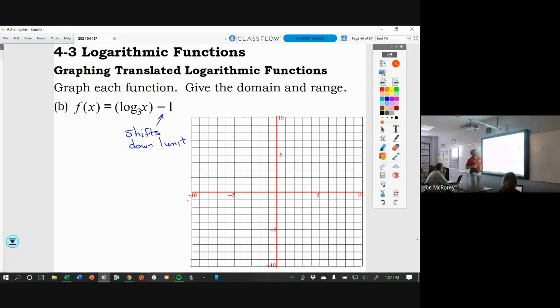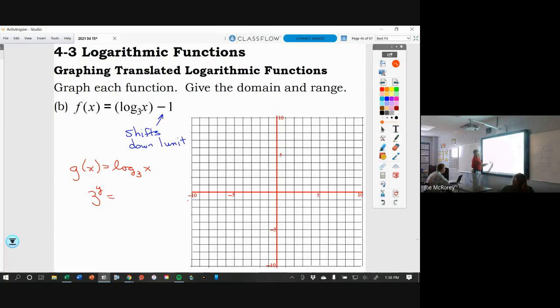I will graph the related function. I will graph this g of x, which is going to be log base 3 of x. And this is going to look an awful lot like the one we just did. We just did log base 2 of x, now we're going to do log base 3 of x. What's the base? 3. Power? y.